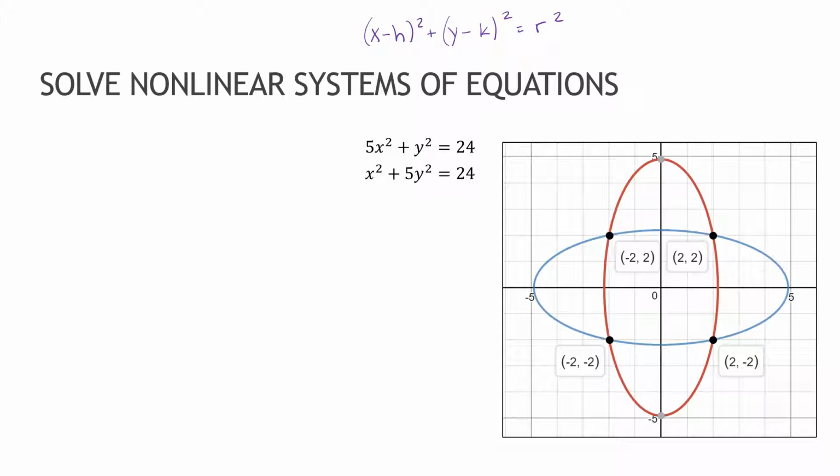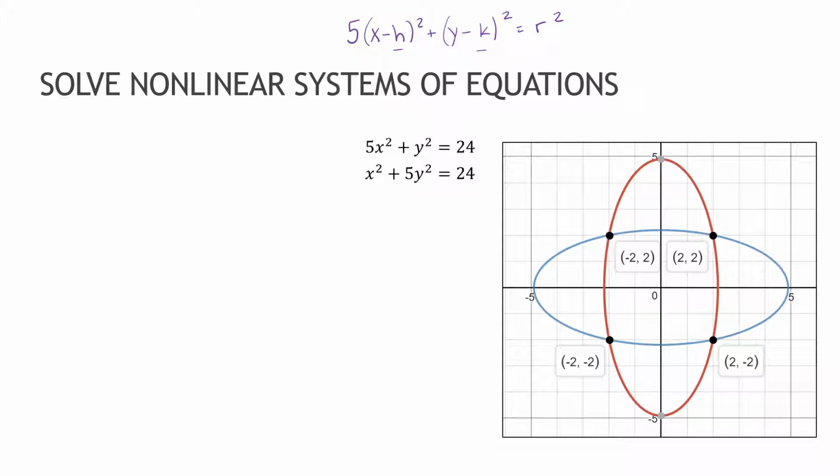And instead, for my first equation, I stuck a 5 in front of that. And for my second equation, I stuck a 5 in front of the y squared. Obviously, the center of each is at 0, 0. So these are called ellipses. You're not going to be asked to graph an ellipse, but again, you can use Desmos to help you.